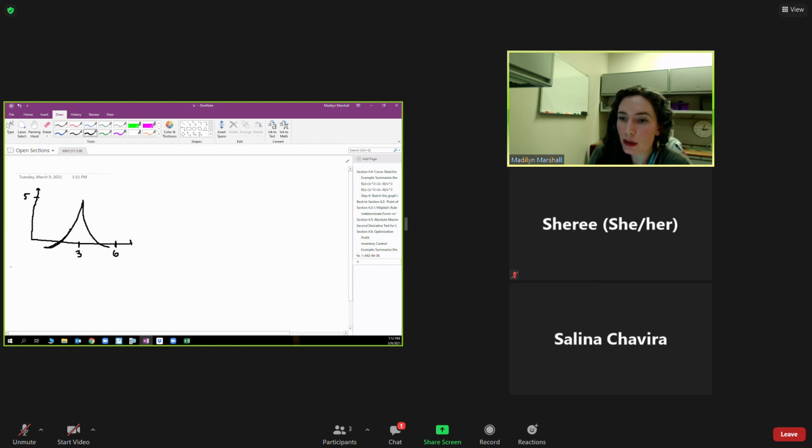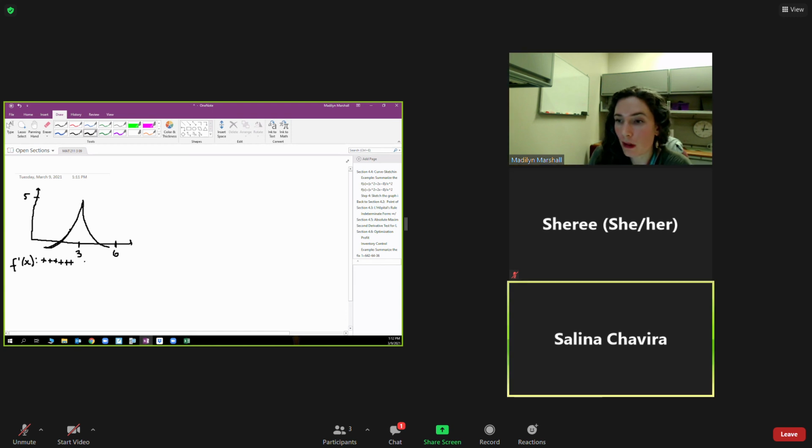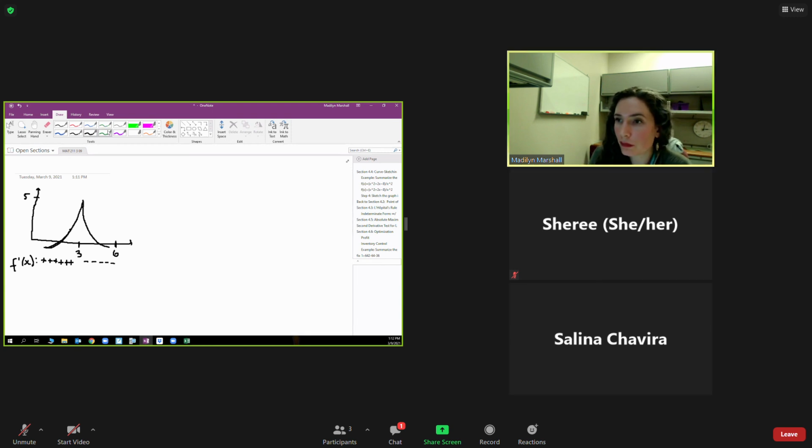But the actual derivative is positive here because the function is increasing. And the derivative is negative over here because the function is decreasing. Right. The tricky thing is that there is no derivative at this point up here.